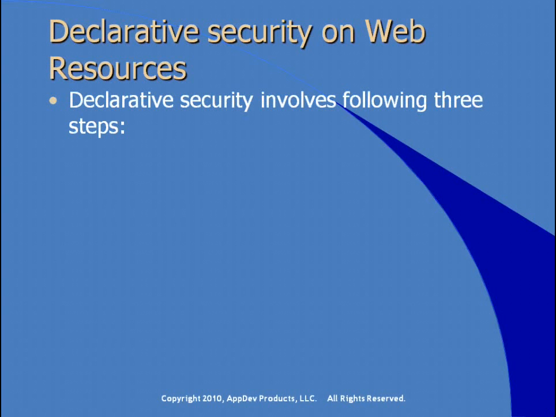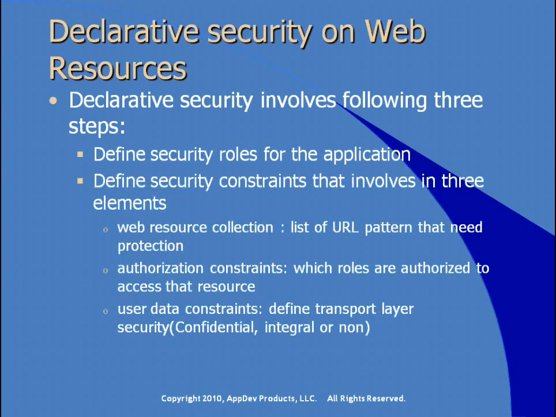Configuring declarative security involves at least three steps. We need to define security roles for the application. We need to define security constraints for the application, and this involves three elements, essentially. Web resource collection, which is the list of URL patterns and URL addressable objects that will be protected.